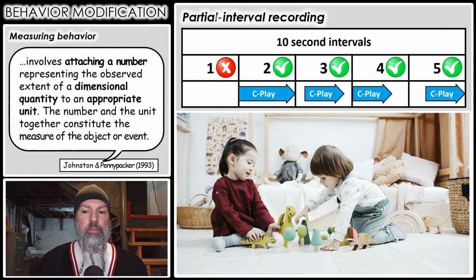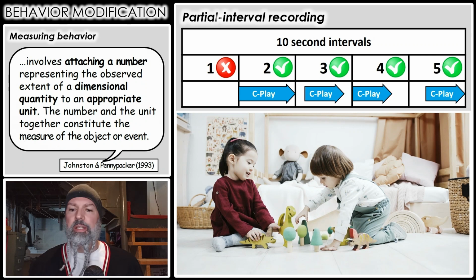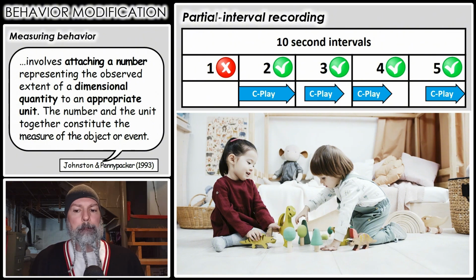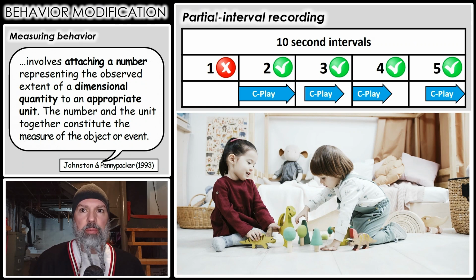So partial interval recording is also much easier to do than whole interval recording. And because you only have to record an instance of the behavior, it's actually possible to measure multiple behaviors concurrently. So you can measure cooperative play, and you can measure, for example, eye contact, and you can measure facing towards your play partner.